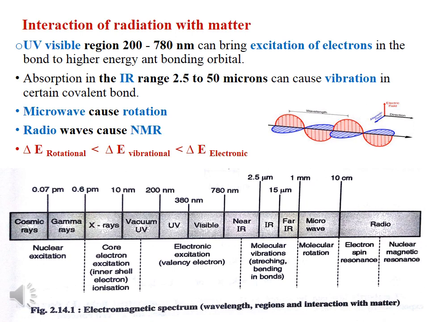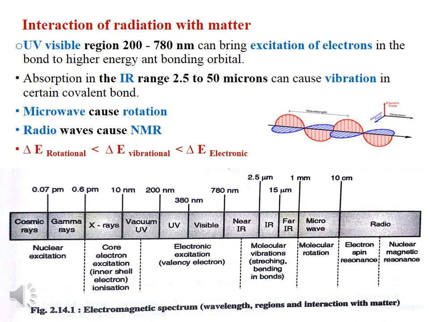Absorption in the IR range, which is from 2.5 to 50 microns, causes the vibration of molecules. So in the UV visible range there is an excitation of electron. In the IR region there is a vibration of molecule.